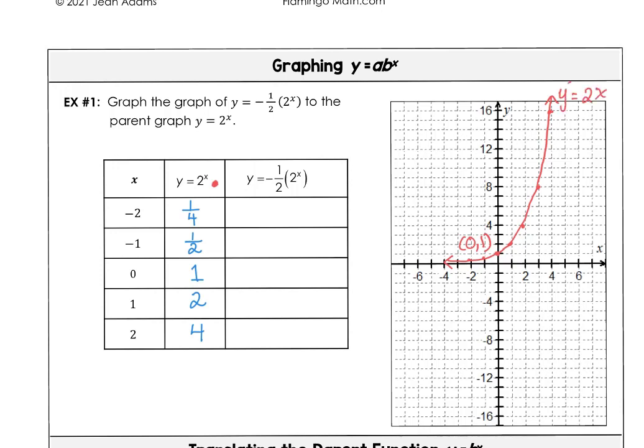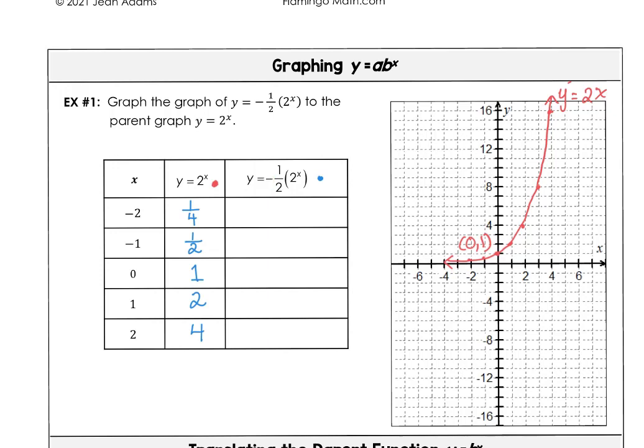Then if we graph y equals negative 1/2 times 2 to the x, so we're cutting the graph 2 to the x. You notice we have this compression, and then we have a reflection over the x-axis.